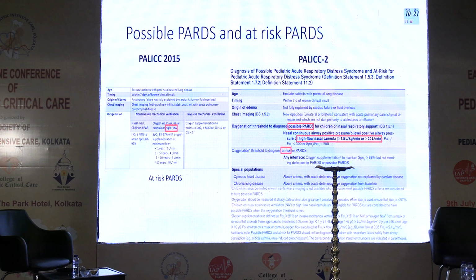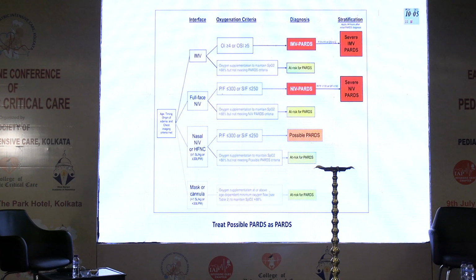And at-risk is when they do not meet the criteria for ARDS, but they require oxygen support to maintain saturation above 88%. So they are at-risk ARDS. If you look at the interfaces, the IMV, full-face NIV, nasal NIV, HFNC, all these have been defined very clearly now.